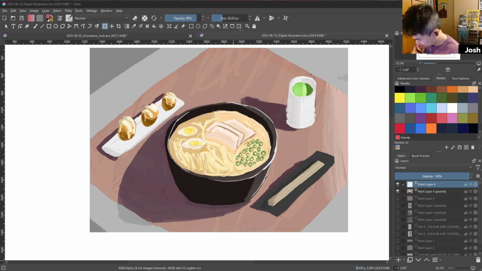When it came to the broth itself, I was trying to figure out ways. I figured the lighting direction that I have is good, but I remember how when you were doing your version of the assignment last week, you really punched up that cup of coffee to have all that detail.